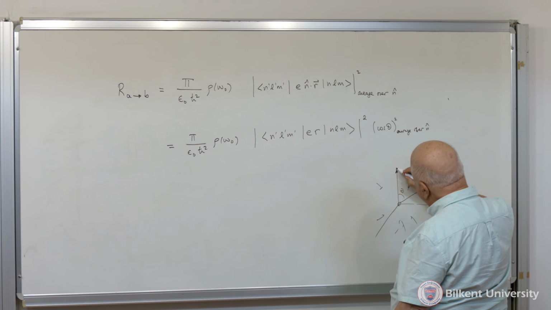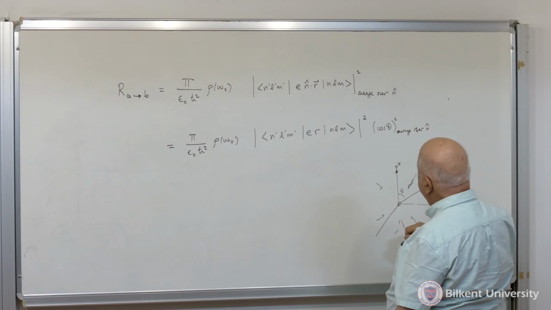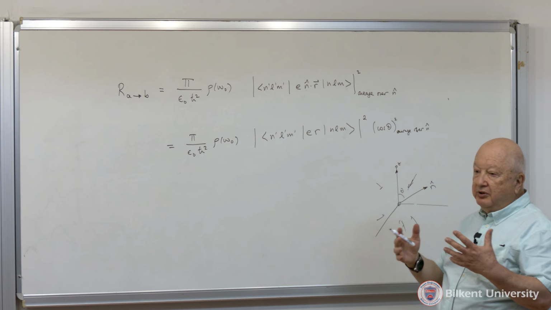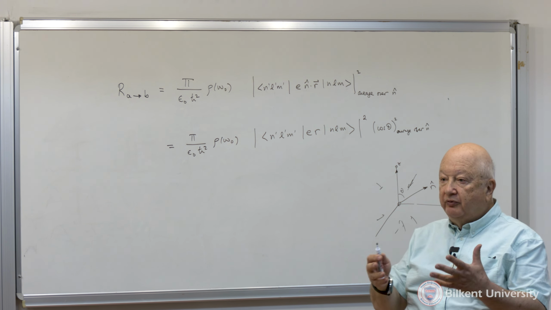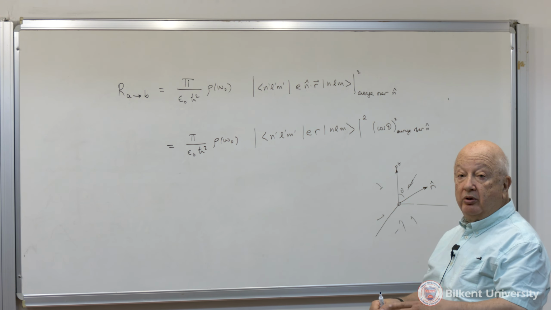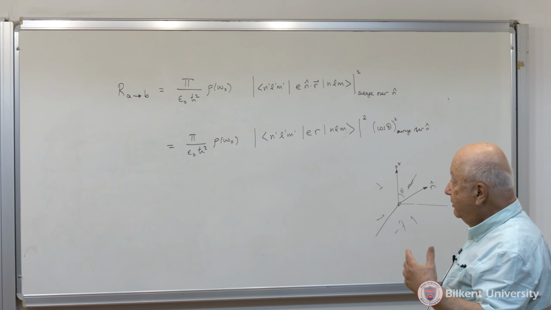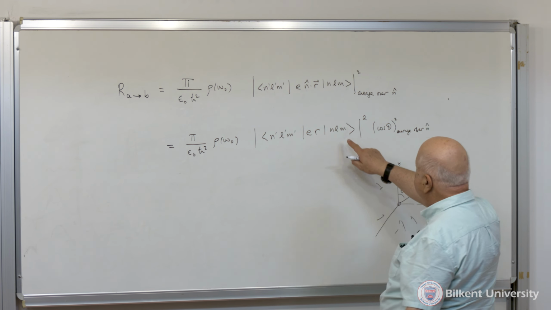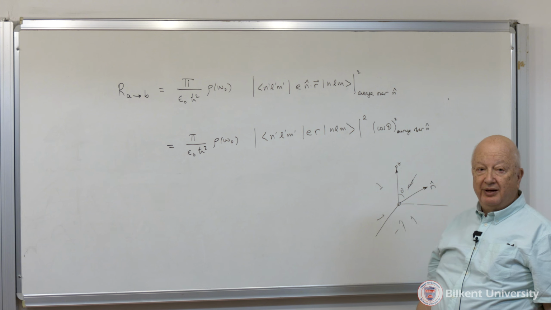Let me choose the z-axis to be the direction in which I solve the Schrödinger equation. That's the direction I choose, so that I get these eigenvalues in the z direction, these n, l, m's.